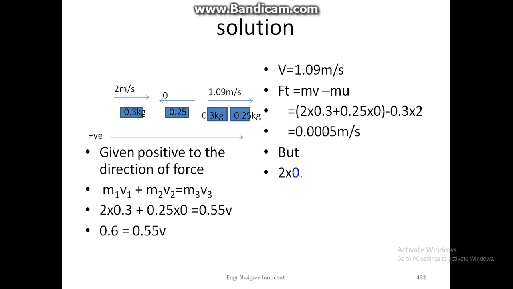But for the mass of the stationary body, we have that 2, which is the mass of the moving body, times 0.3 plus 0.25, which is the mass of the stationary body, times 0 minus 0.05, that is the mass of the both bodies combined together times their common velocity, which you now have 0.6 minus 0.3052.